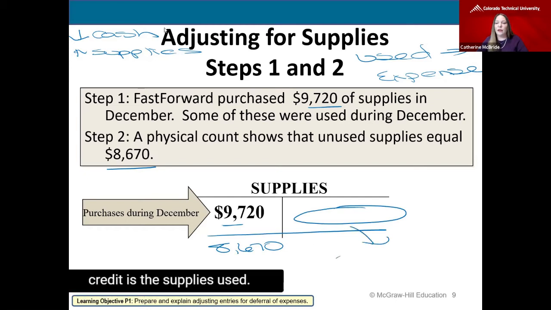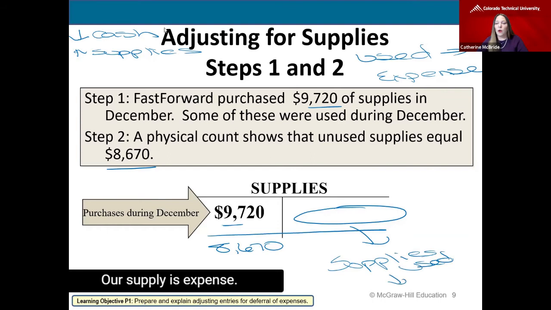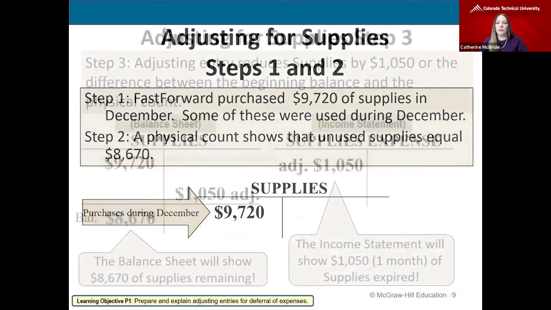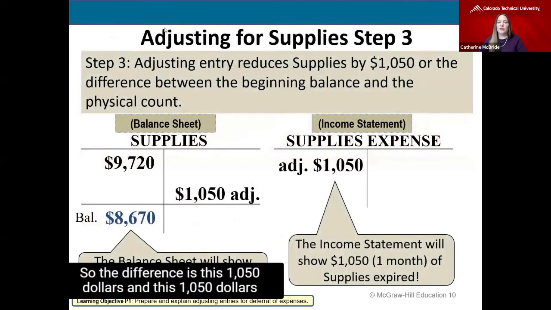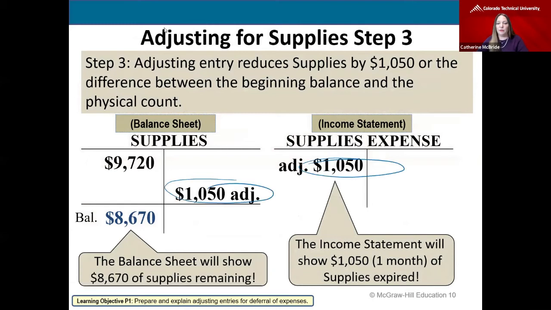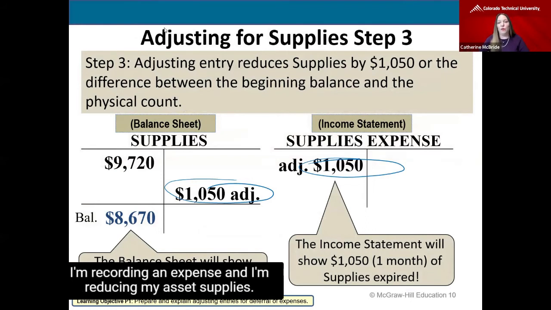And this credit is the supplies used or our supplies expense. So the difference is this $1,050. And this $1,050 is my supplies expense. And I'm doing the same thing here. I'm recording an expense and I'm reducing my asset supplies.